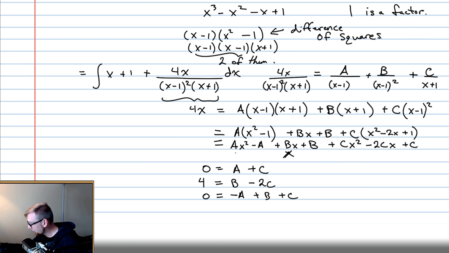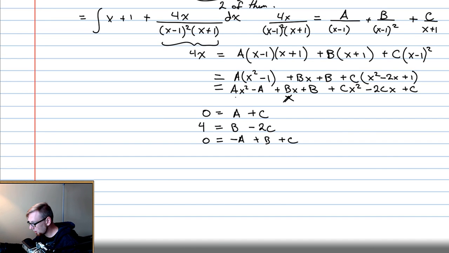Let's bring it down. So we could go a is minus c. Done. If a is minus c, we can look at this last equation here. So 0 equals the negative of a, but a is minus c, plus b, plus c.